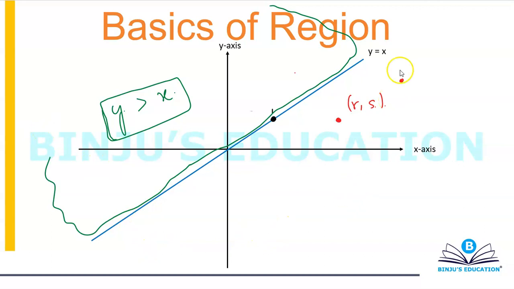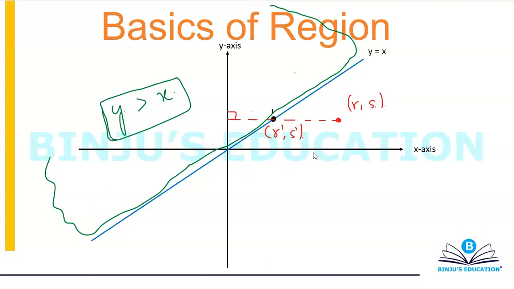Okay, so let's see what we can do. We're going to again drop a perpendicular, the same thing, but this time we're going to draw the perpendicular to y, not to x. Let's say the coordinates of this black point, which is lying on the line y is equal to x, are r dash comma s dash.